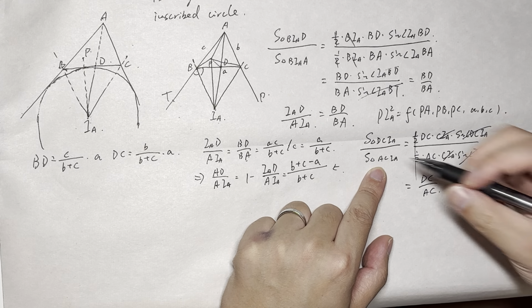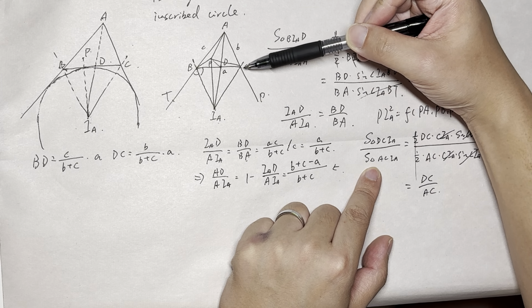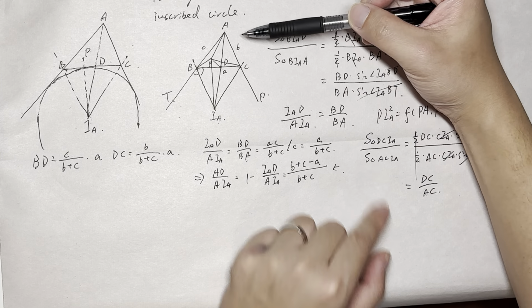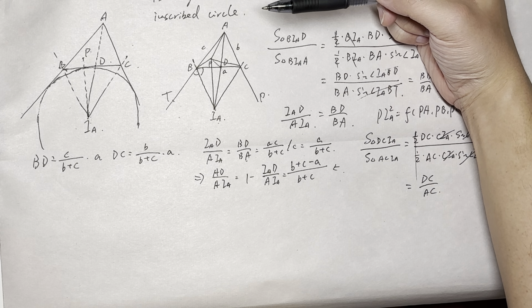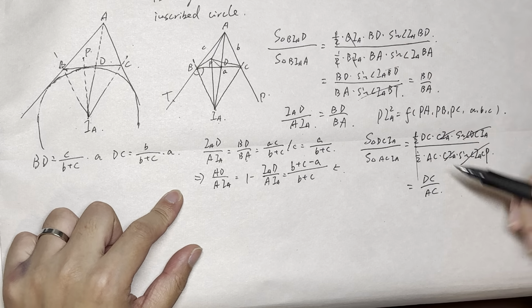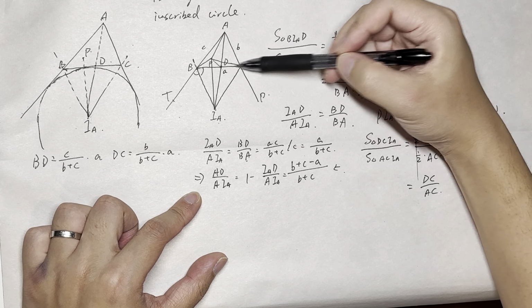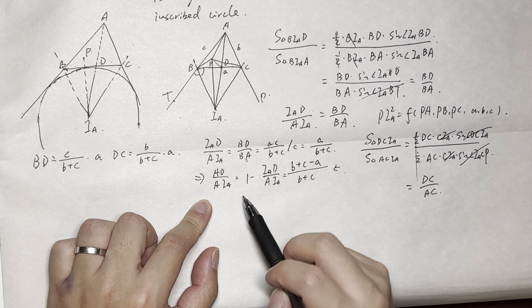And this one, the triangle DCIA to triangle, yeah, it's also calculated for the same thing, right?